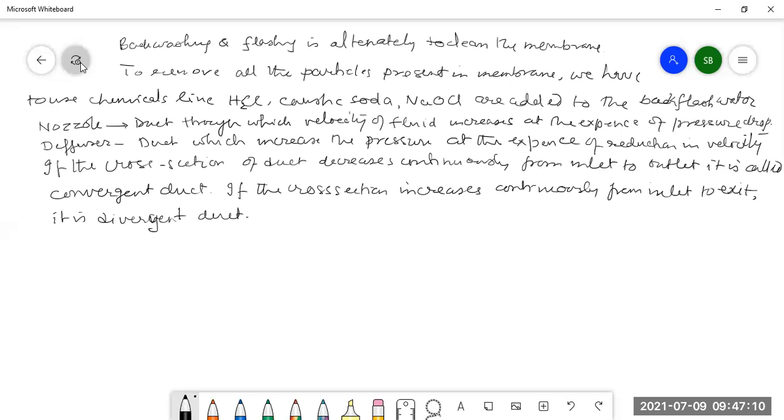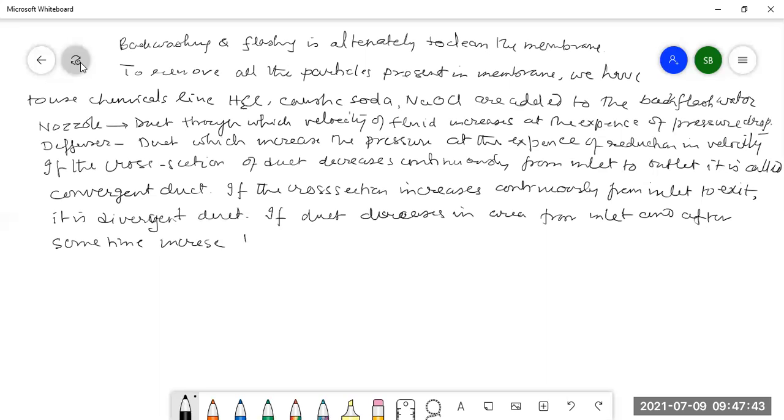If the duct decreases in area from the inlet, and after some time increases to the exit, it is called a convergent-divergent duct.